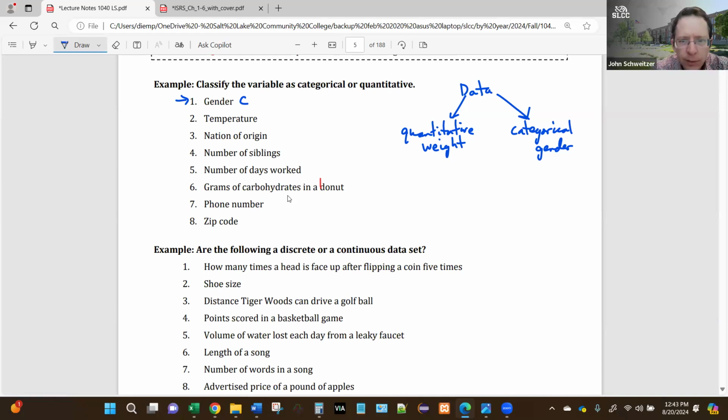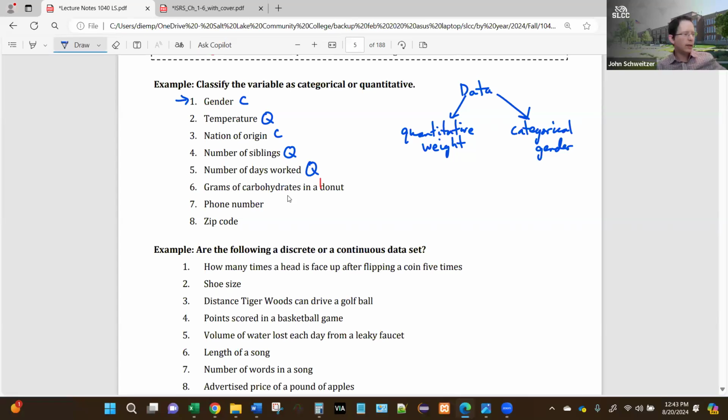All right, temperature, quantitative, right? Okay, nation of origin, so you come from the US or Canada. These are categories. Number of siblings, well, it's a count. You count up how many siblings you have. So it's quantitative. Number of days worked, well, you might have worked 5 days this week.